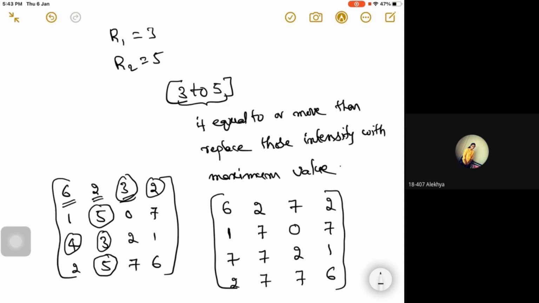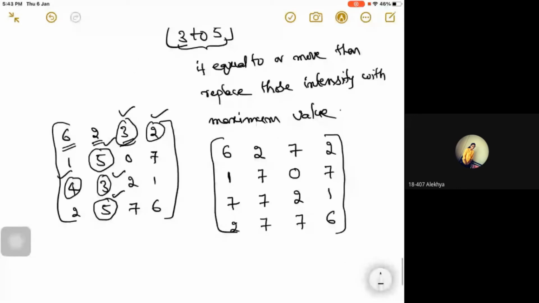Totally, for this range of 3 to 5, how many pixel values were changed? 1, 2, 3, 4, 5, 6. Okay, then this is the output image. All these values are replaced with 7. This 2 does not belong to the range, so it is taken as it is.